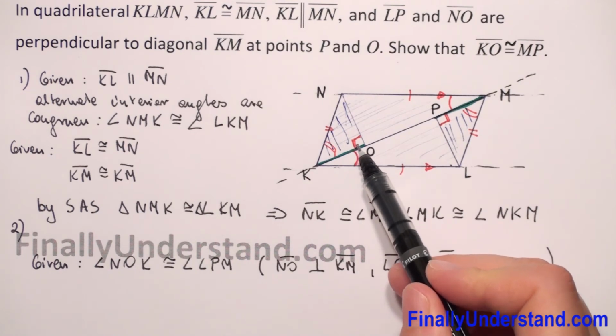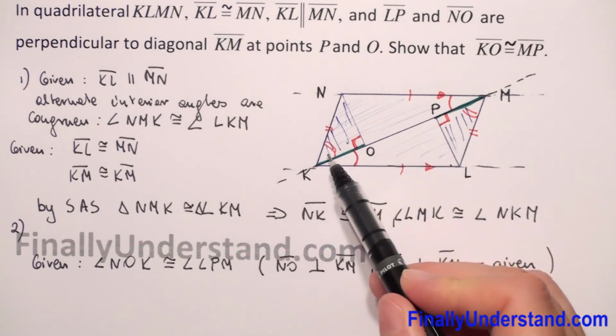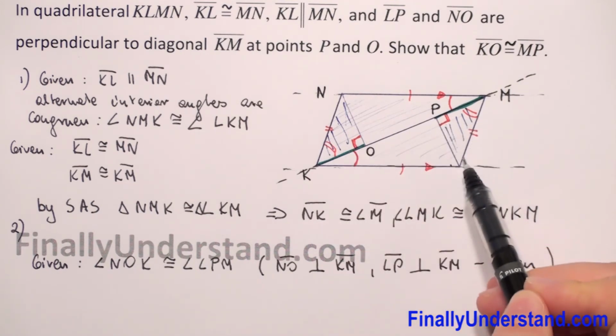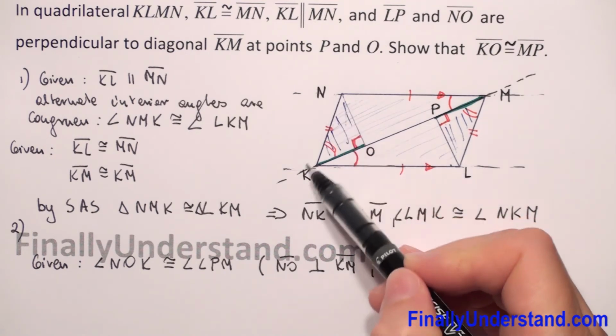So we have two of the same angles, and this side LM is congruent to NK.